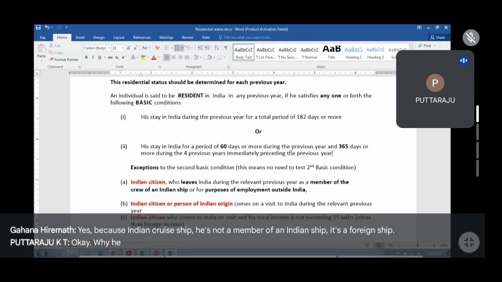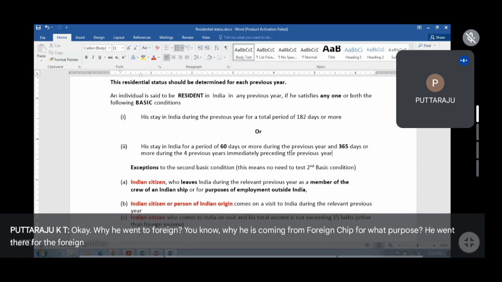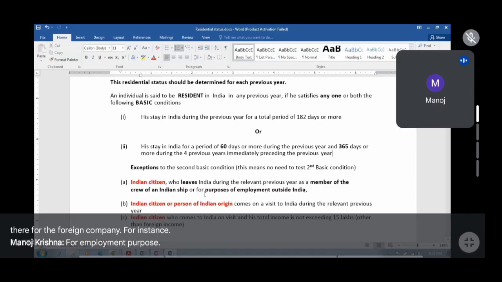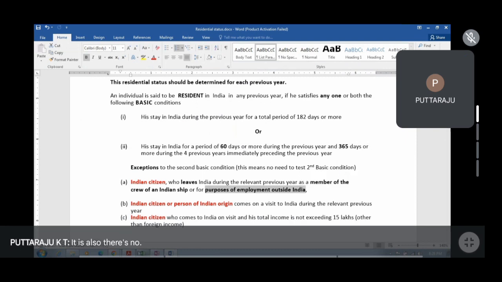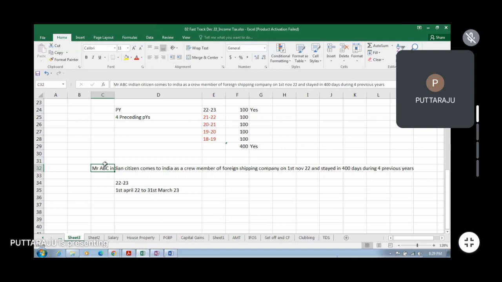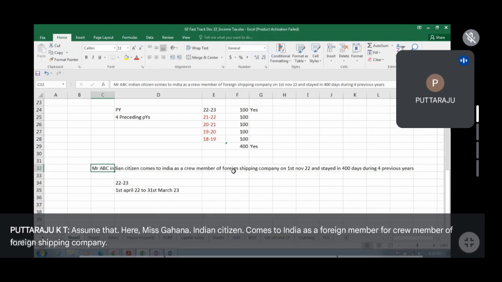Why did he go to the foreign ship? For what purpose did he go there? For the foreign company, foreign state. Employment purpose, sir. It is also there, no? Here, Miss Gahana, Indian citizen, comes to India as a crew member of a foreign shipping company. That means you went for employment there, no?